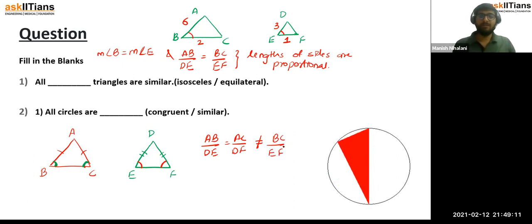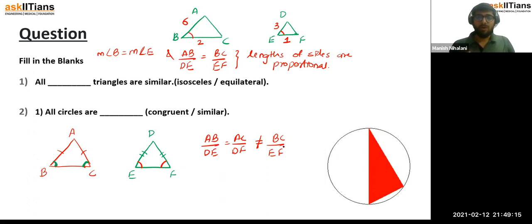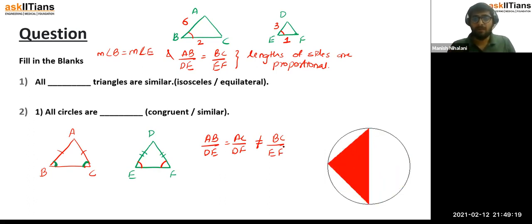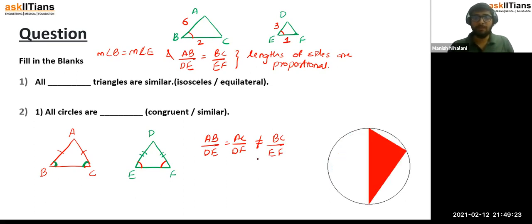They can't be in that proportion. So we would say all isosceles triangles need not necessarily be similar always, because all sides are not in proportion, right? Although again, what could be the second reason for not being similar?